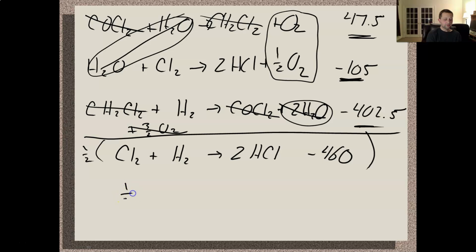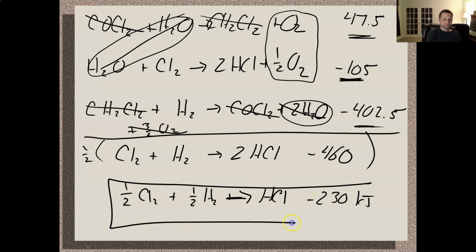That'll give you 1/2 Cl2 plus 1/2 H2 yields HCl. And multiply negative 460 by 1/2, you get negative 230 kilojoules. So the delta H for that is negative 230 kilojoules.